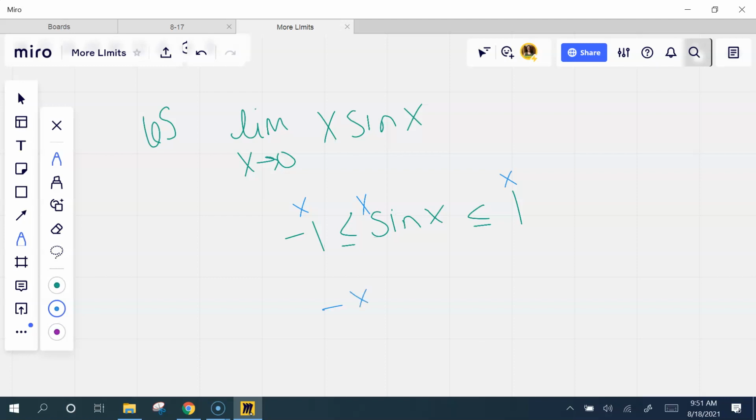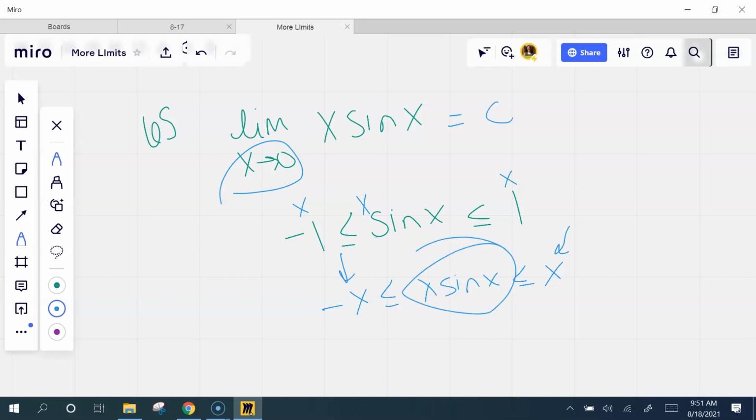Then you'd have -x. If the limit as I go to 0 for this one is the same as this one, and it is because it's 0, then it's got to be 0 here also. It's not always 0. These are just going to 0.